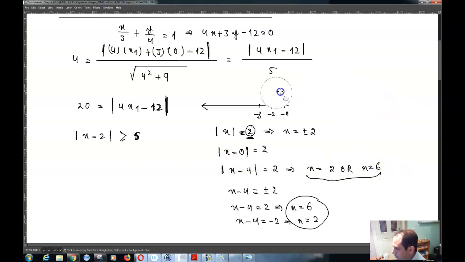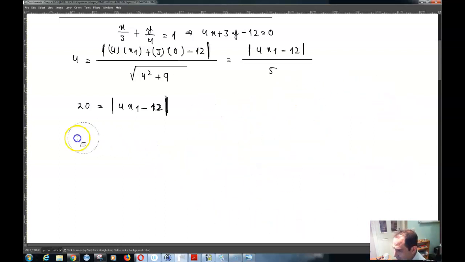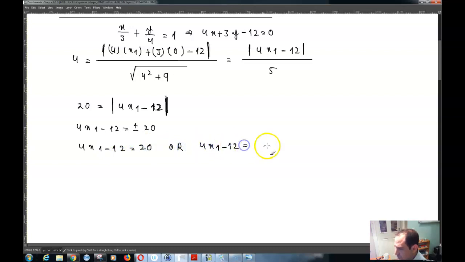Now, based on this, what I'm going to do is write this as 4 times x1 minus 12 is equal to plus or minus 20. That means that 4 times x1 minus 12 is equal to 20, or 4 times x1 minus 12 is equal to negative 20.